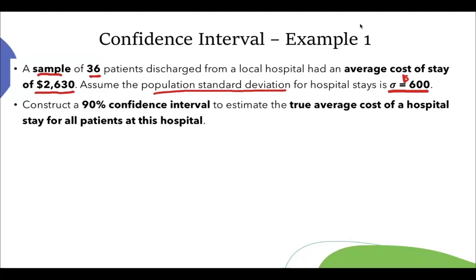Construct a 90% confidence interval to estimate the true average cost of a hospital stay for all patients at this hospital. So we're using inferential statistics. We're using our sample of 36 patients to give an estimate about the cost of a hospital stay for all the patients.